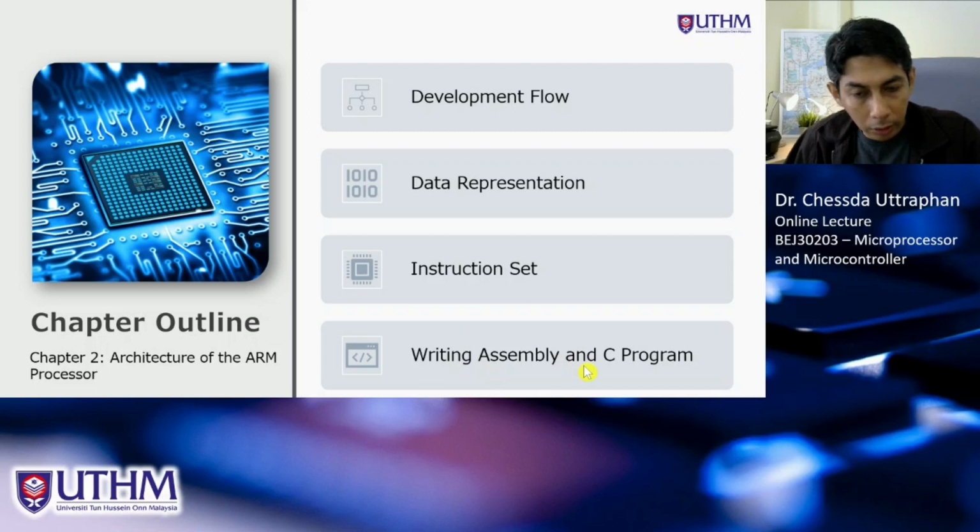And we can use also the high-level language, especially the C or C++ language, or any other high-level language, for example, Python, Java, right? So those are the high-level programming languages. So we will learn both.